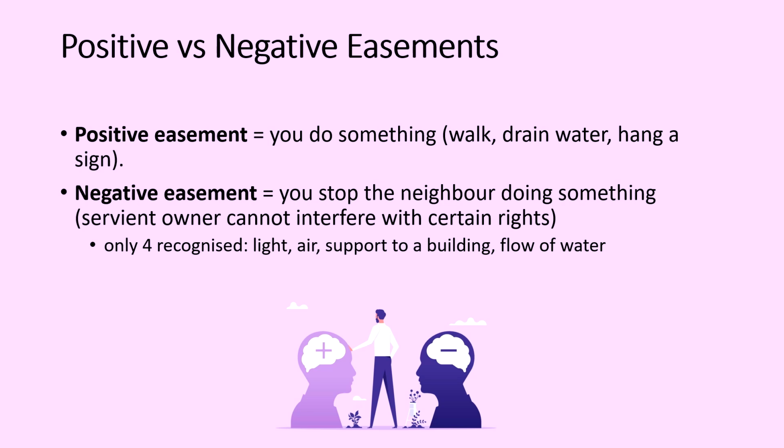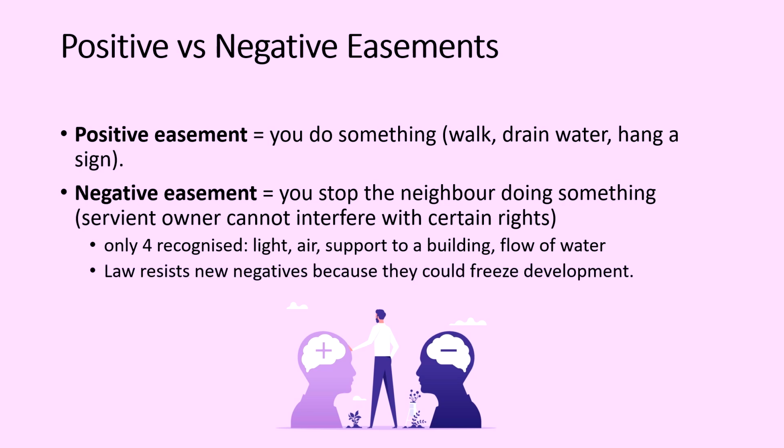So, for example, if there is a river or stream or something that is running across your land and the land of your neighbor, a negative easement would mean that your neighbor isn't allowed to build a dam or interfere with the water, so that obviously you will still be able to enjoy access to this river as and when you need it.